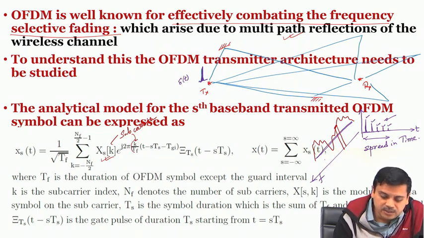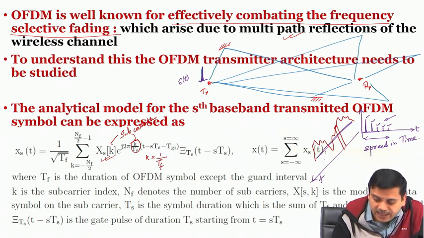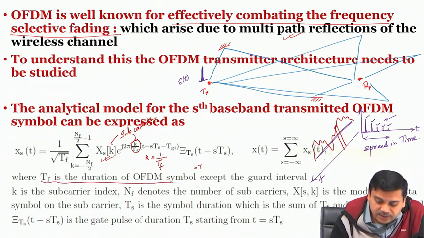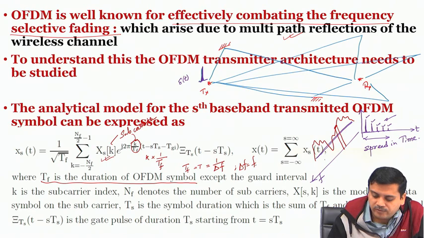So, what you see in this particular part is that you have k multiplied by 1 upon T f, and T f is the same as T as we have used in the previous slides. Okay. So, wherever you have used T, it is actually T f, where T f is the duration of the OFDM symbol, right, and T f is equal to T, whatever we have done, is equal to 1 upon delta f, and delta f is equal to f k minus f k minus 1.